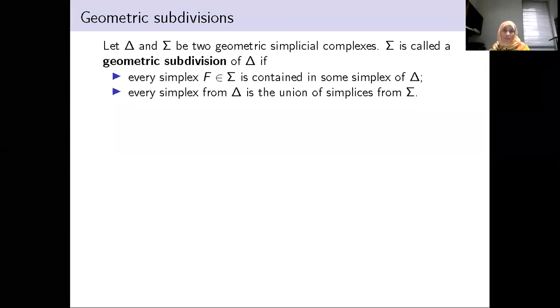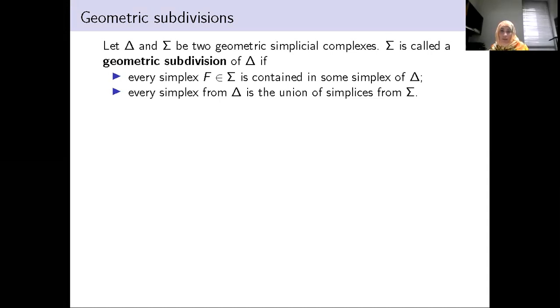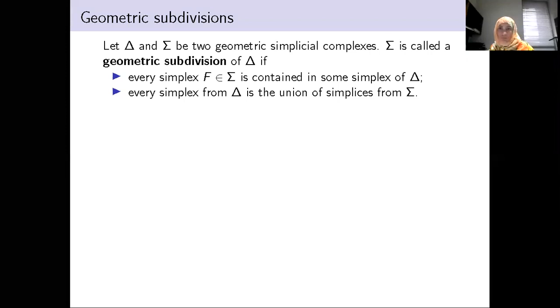To answer this, he defined various subdivisions, but here I'm just picking the geometric one, because my results are mainly focused on these.